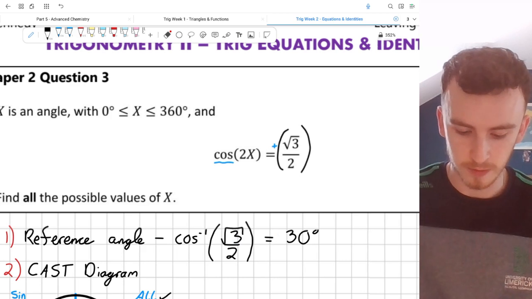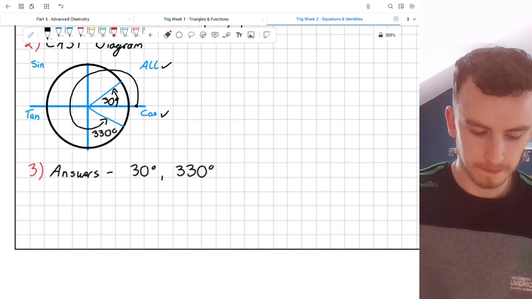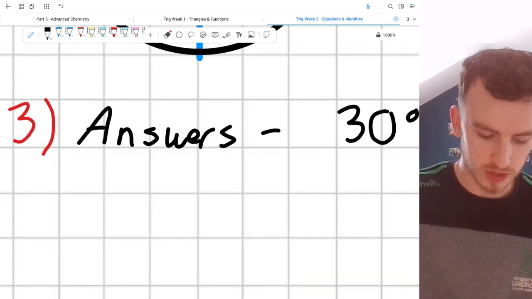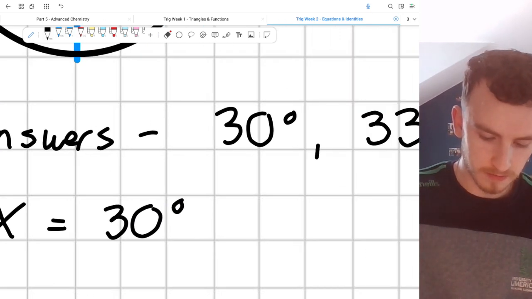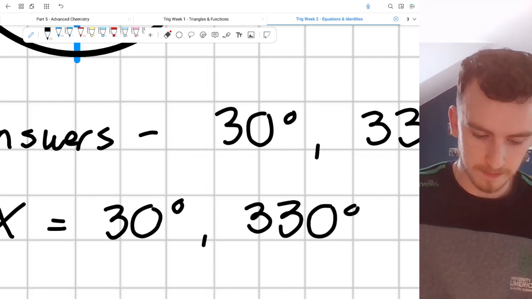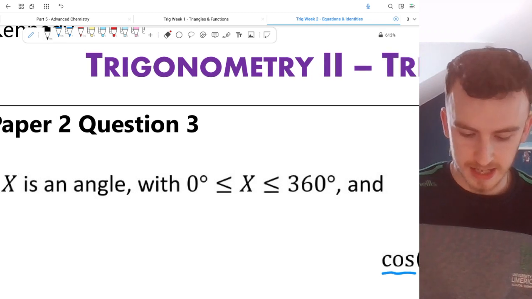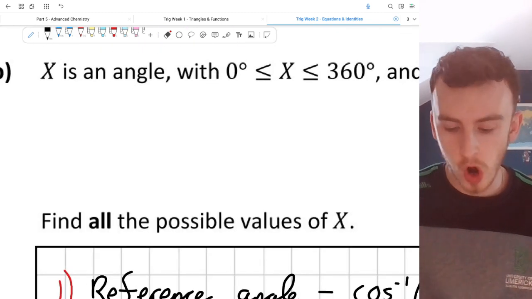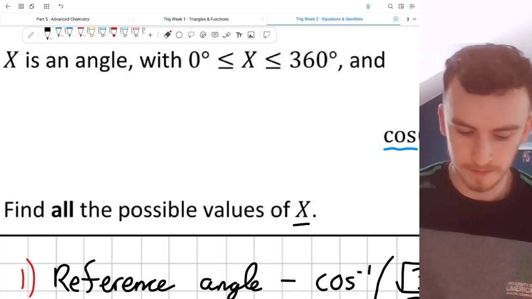This is the final step, right? That's cosine 2x. So we've just found that 2x is equal to 30 degrees, 330 degrees, right? If we look back at the question, x is an angle, etc. Find all possible values of x, not of 2x, of x.